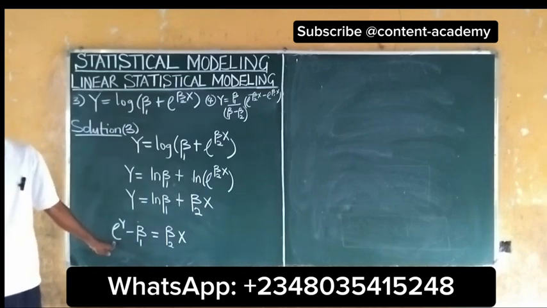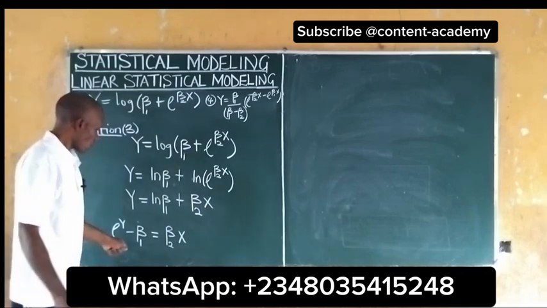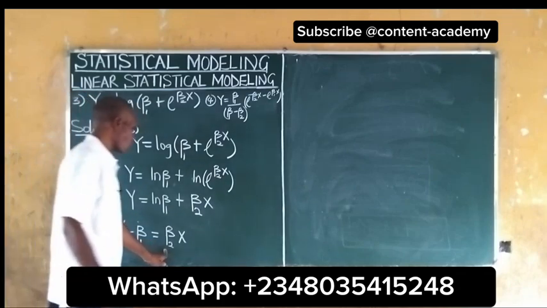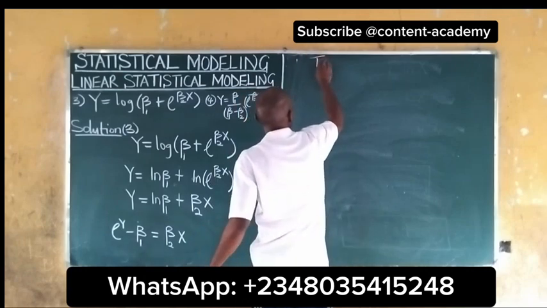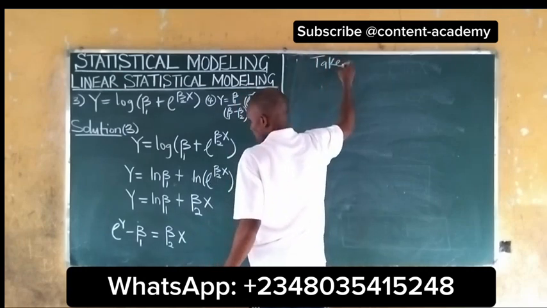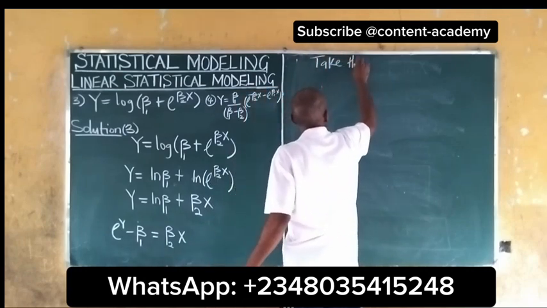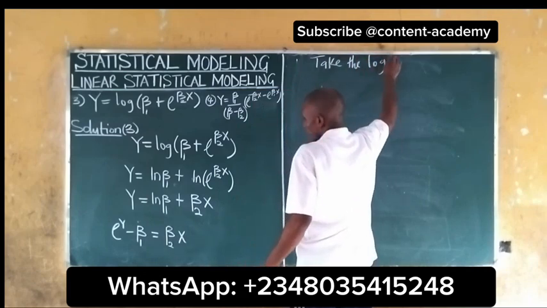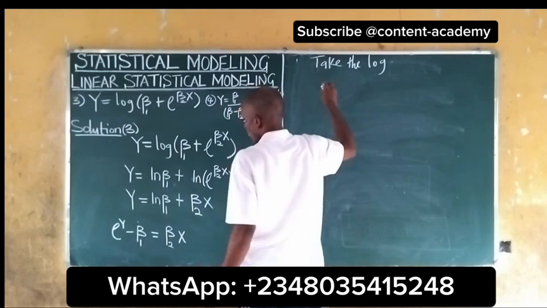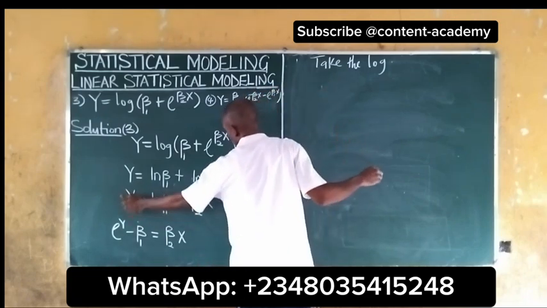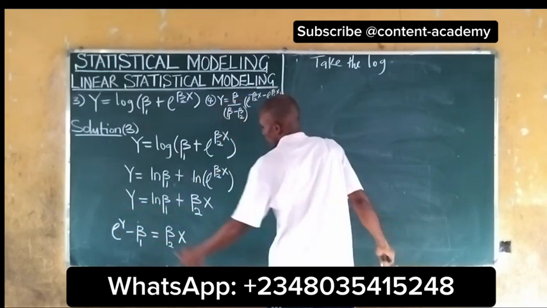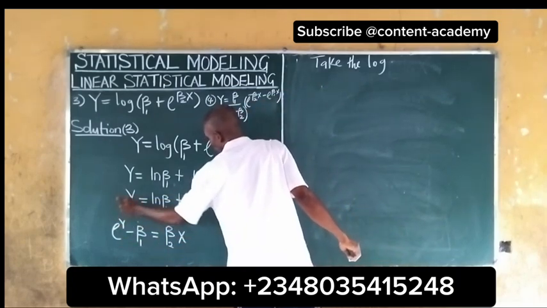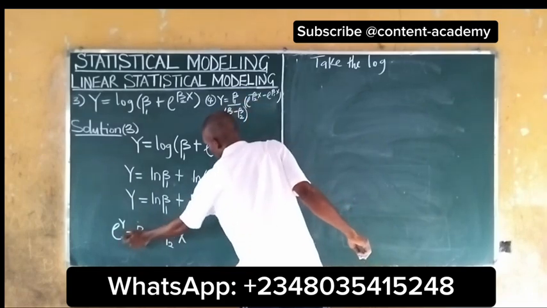The next thing for us to do is to take the log of what we have here. Because this one is coming over to this place, we have to take the exponent as it's moving over to make it this.